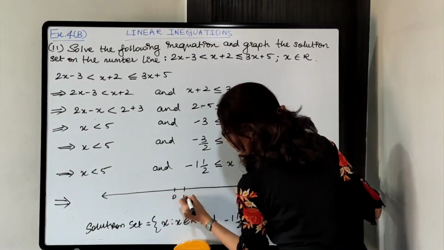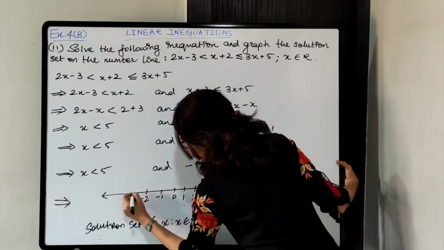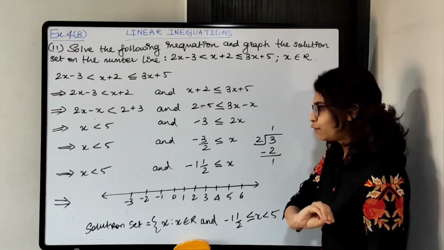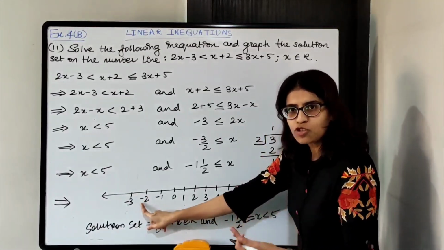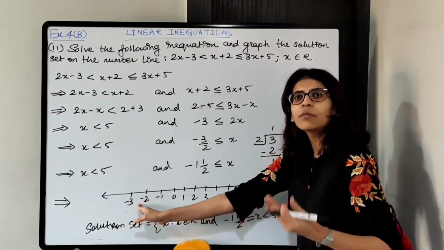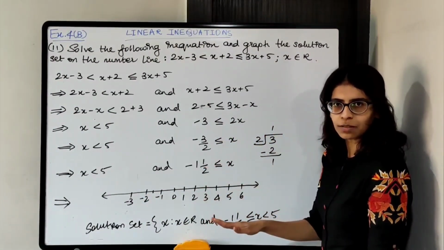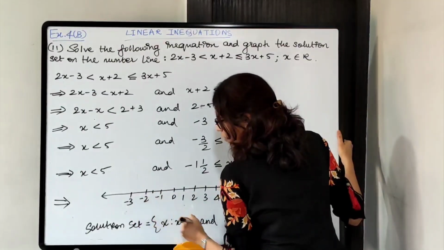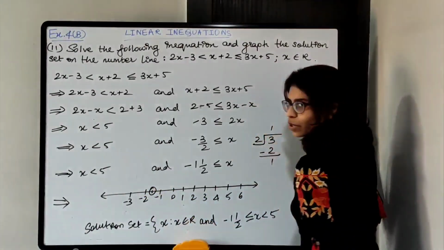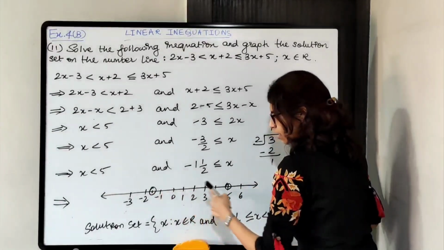So 0, 1, 2, 3, 4, 5, 6, minus 1, minus 2, minus 3, minus 1.5, that is minus 1.5. It will be between minus 1 and minus 2, right, after 1 comes 2, so minus 1.5 will be between minus 1 and minus 2. It will be exactly the midpoint of 1 and 2, right. So minus 1.5 will be over here. From here to 5 is the range, so circle minus 1.5 and 5. Okay, this is the range minus 1.5 to 5.